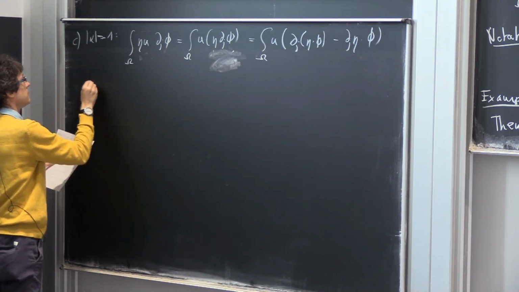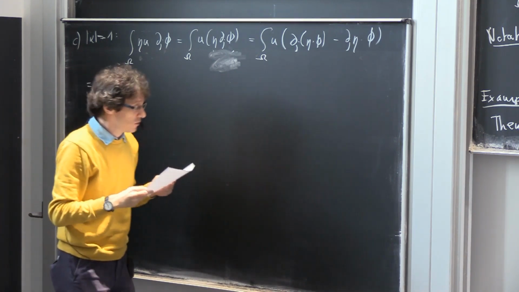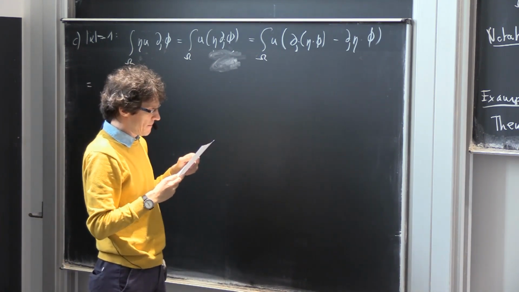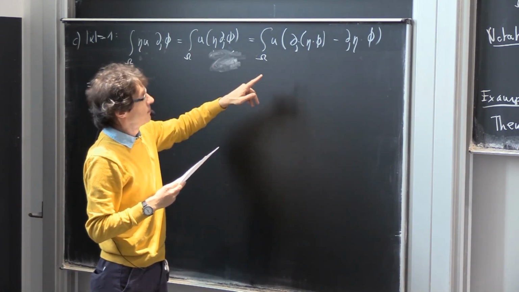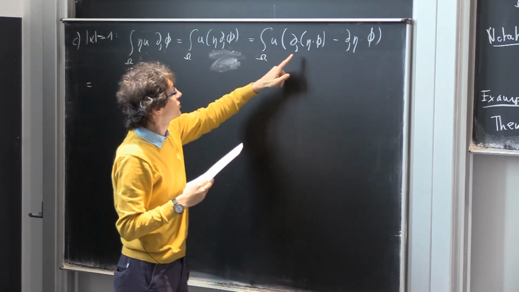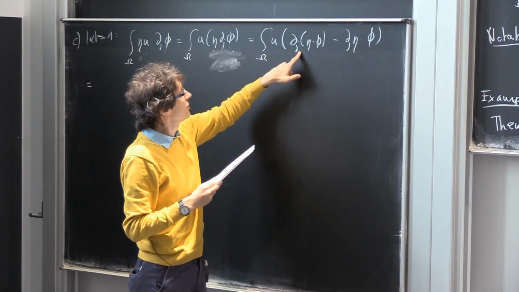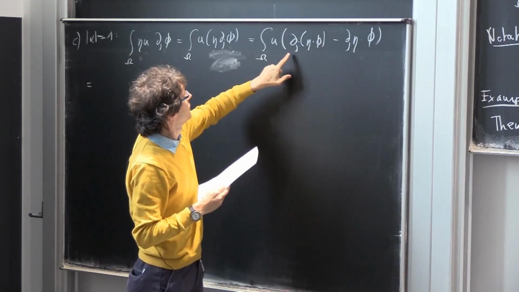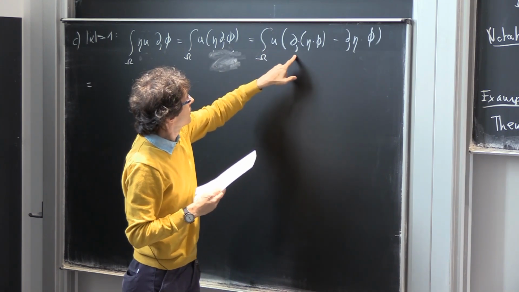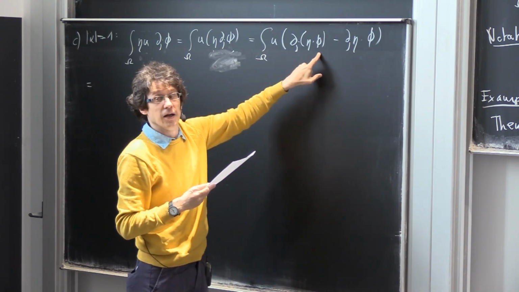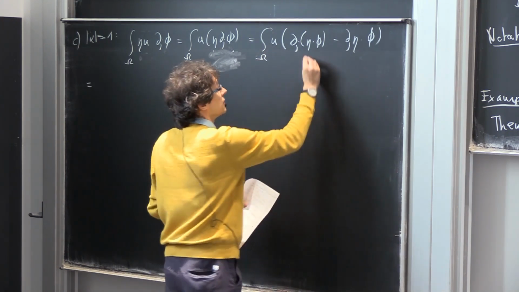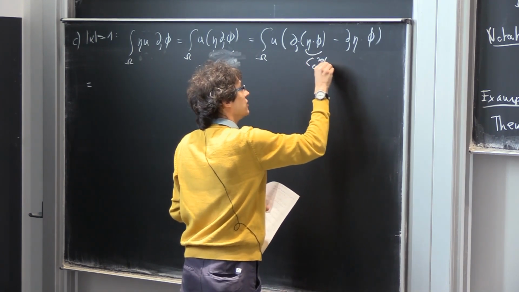Now you can do a partial integration here. In the first integral, you have u times the derivative of eta phi. Eta phi is a test function. Now this is the point. This is a test function.